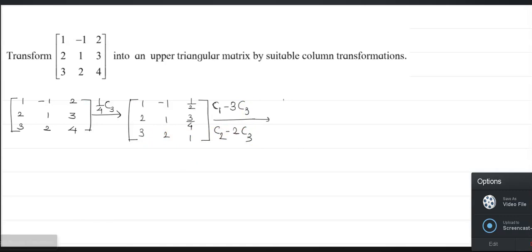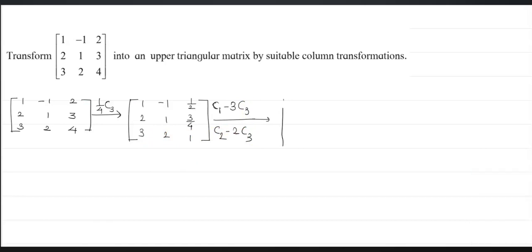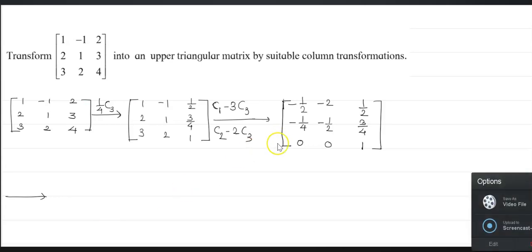Now see this here. 1 upon 2, 3 by 4 and 1. Therefore the next is C1 minus 3 times C3, you can perform it.